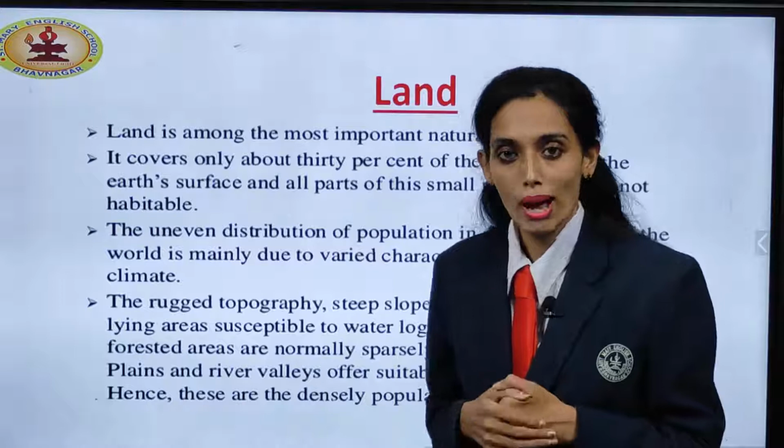What are the problems? Land degradation. Because of too much mining work, lots of testing which is done for nuclear bombs and all. So land degradation: for minerals and all, they keep on digging and they want to take only the minerals from deep within. So that's why the degradation of the land is taking place.